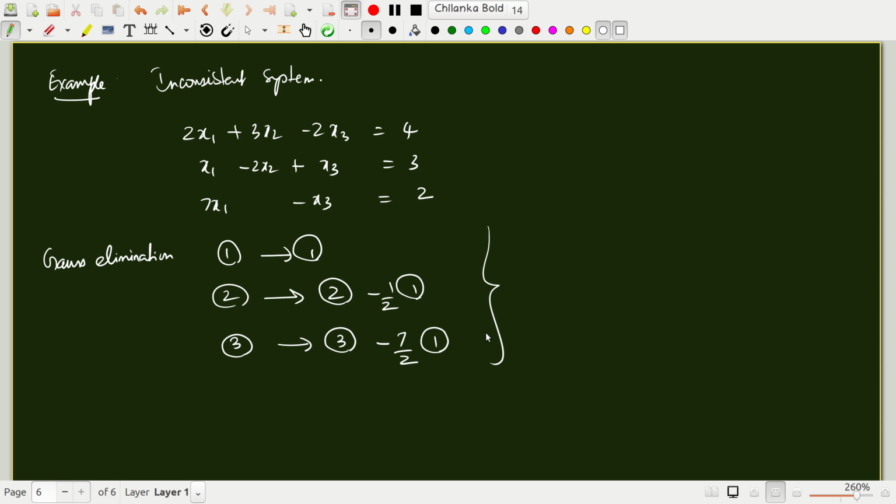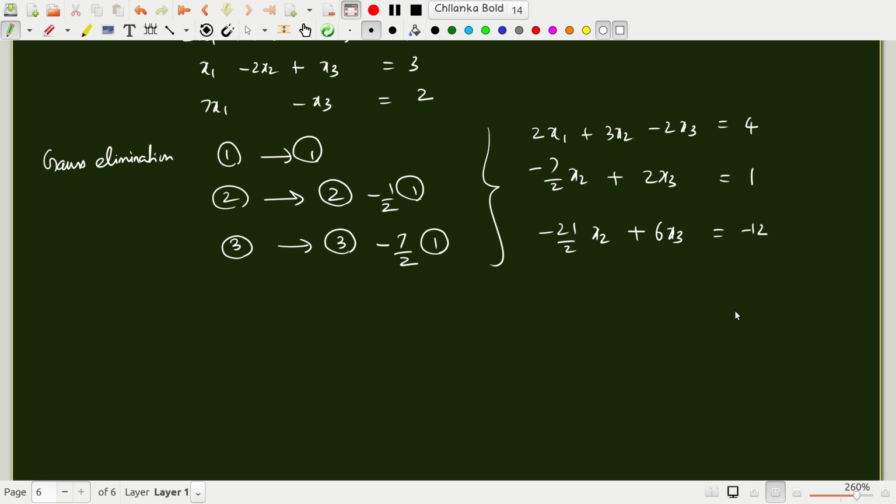This will give rise to 2x1 plus 3x2 minus 2x3 is equal to 4, minus 7 by 2x2 plus 2x3 is equal to 1, and minus 21 by 2x2 plus 6x3 is equal to minus 12. You can verify that this is what will happen after eliminating.